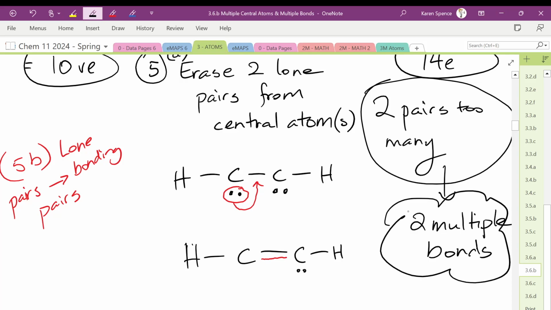Now, two things. We said we needed 2 multiple bonds. How many multiple bonds do we have right now? Just the one, the red one. Yes? Also, is everybody satisfied? Does everyone have 8? No, this carbon only has 6 electrons. How could we fix that? We could take another lone pair and turn it into a multiple bond.